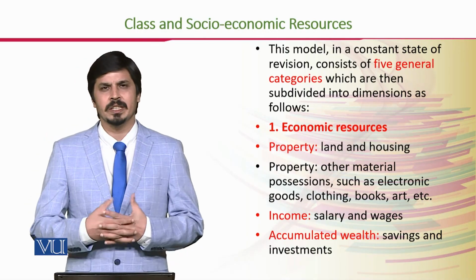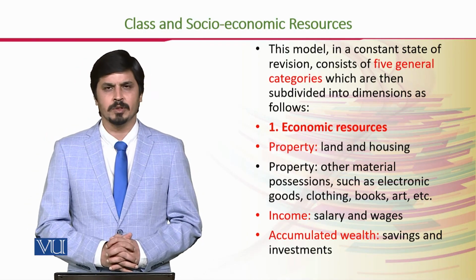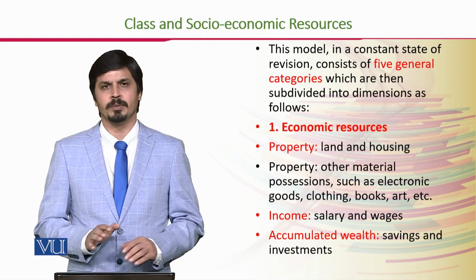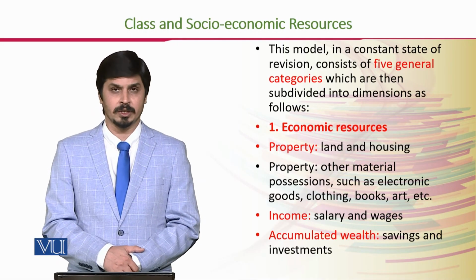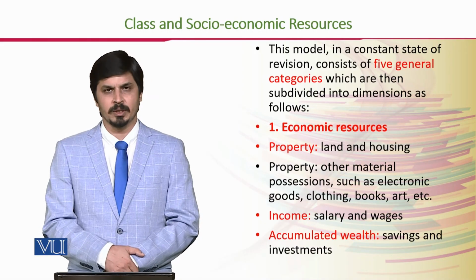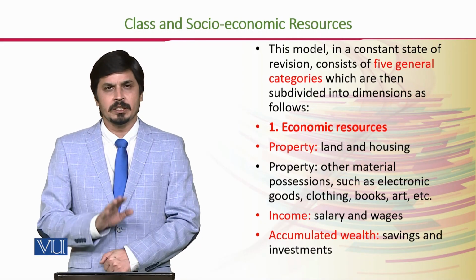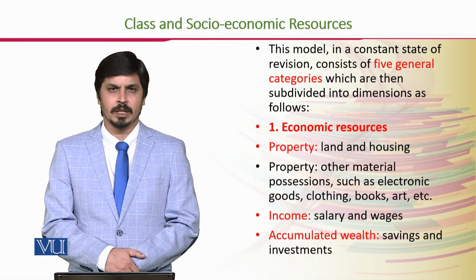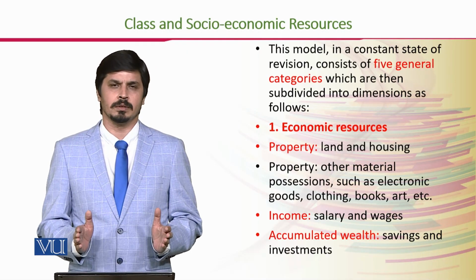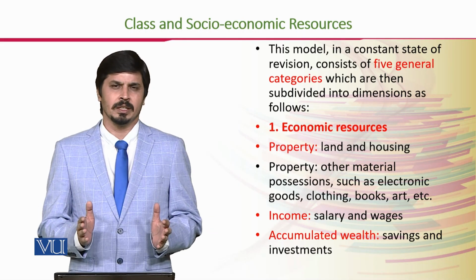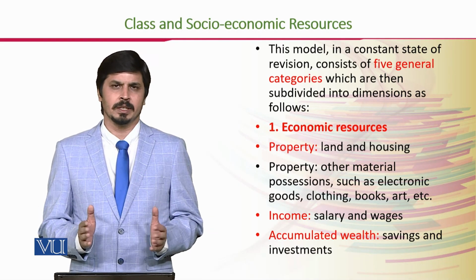I'll further quickly wrap up some five general categories which make a model based on class, and especially they have been a part of Savage's model, which I referred to in previous slides. In these five categories, we have economic resources coming on the top, because that's what defines class in a society in the first place.